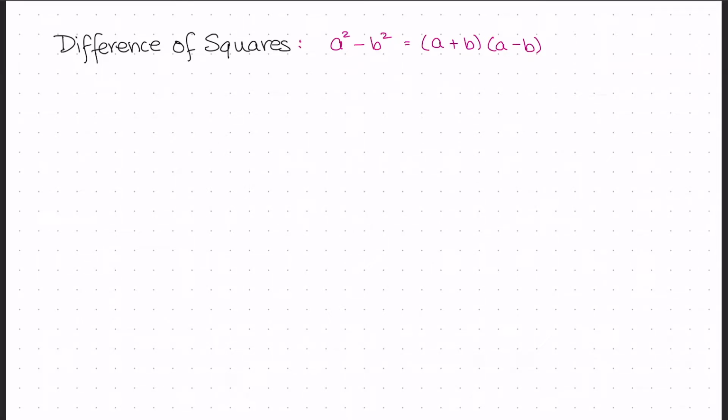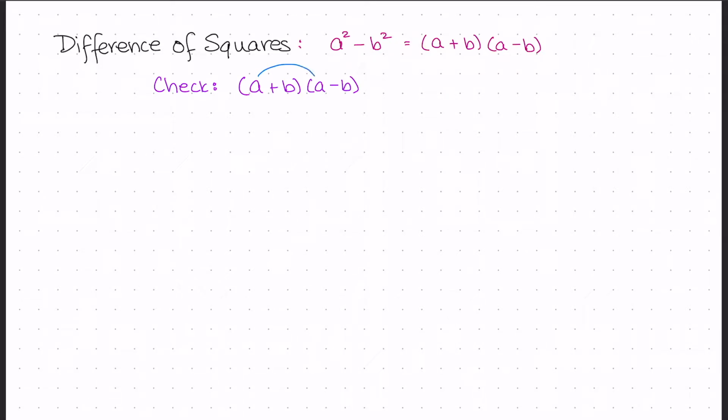Now, before we get into actually factoring by difference of squares, I just want to look at why this works. So if we check by multiplying a plus b times a minus b, and you can do this by FOIL, you can do it by setting up boxes. I'm going to look at it as distributing.